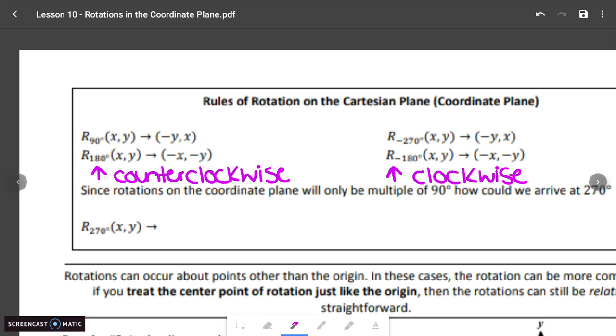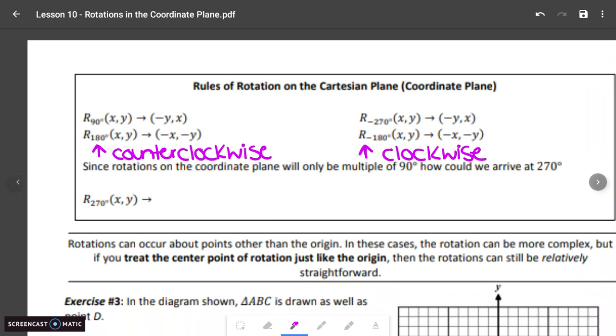Clockwise is the opposite. So instead of rotating 90 degrees counterclockwise, you'd be rotating 270 degrees clockwise to get to the same spot. It's just about direction. That being said, if I wanted to do 270, to get from 180 to 270, it's just another 90. So that would change this to y, negative x.